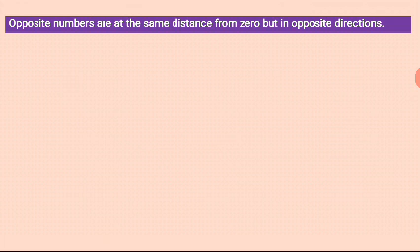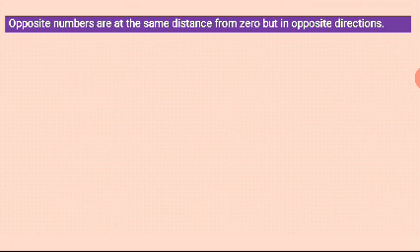Now, opposite numbers are at the same distance from 0 but in the opposite direction. Now see the picture. One girl walks 4 units to her right side, the second girl walks 4 units to her left side from 0. Their directions are opposite.